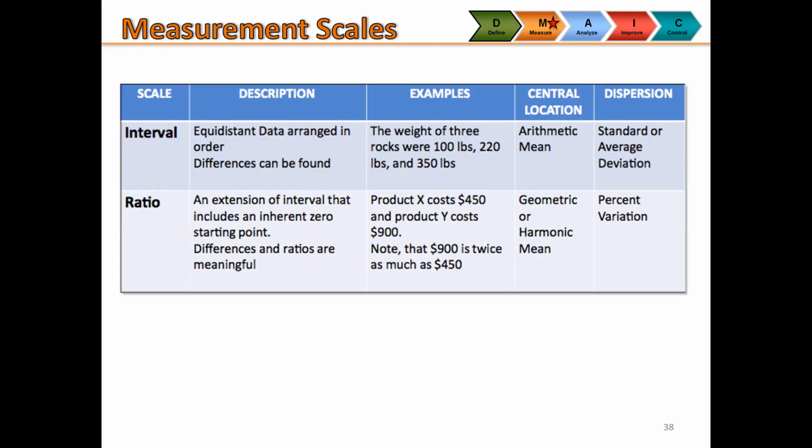And then ratio is data that normally we collect where they have a natural order, quantifiable difference, and a true zero. Height, weight, length, temperature, all that kind of stuff. All right, that's enough of that. I think it's just confusing to me.